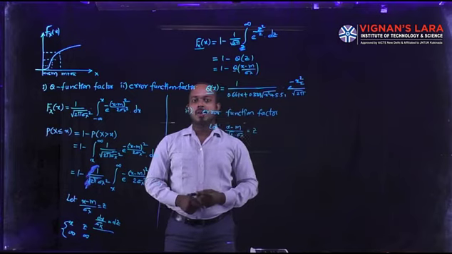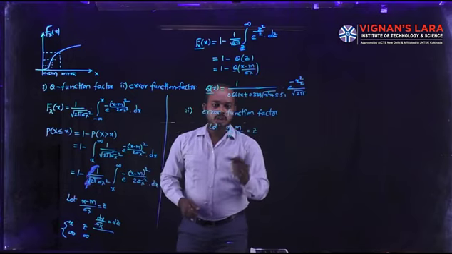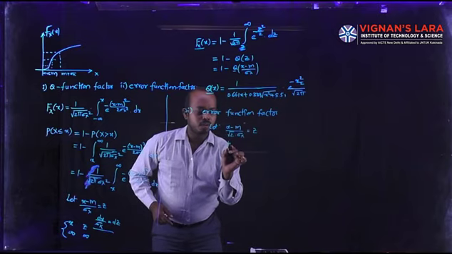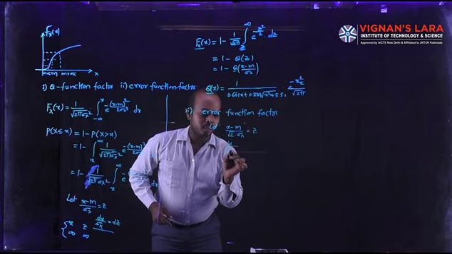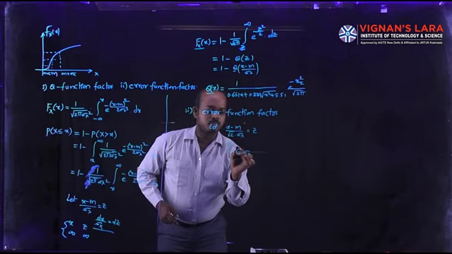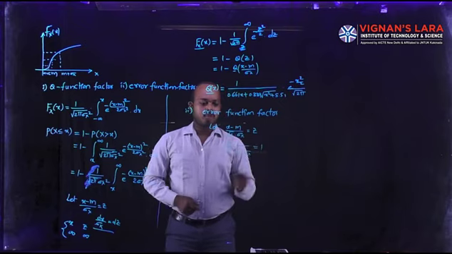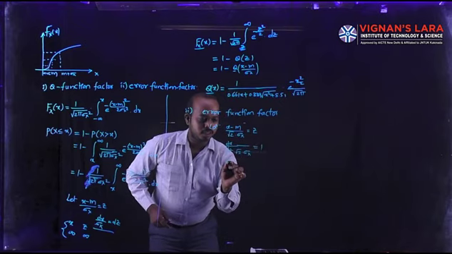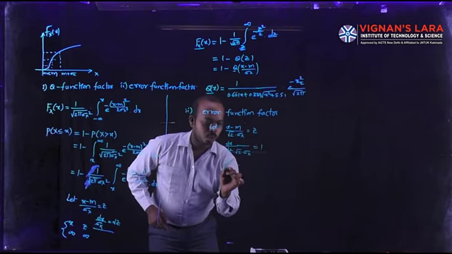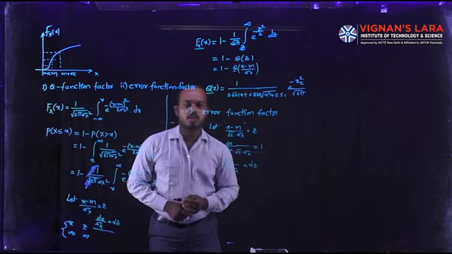Here also we apply differentiation on both sides with respect to z. Then you can write dx divided by dz into root 2 sigma x is equal to 1. From this we write that dx divided by root 2 sigma x is equal to dz.